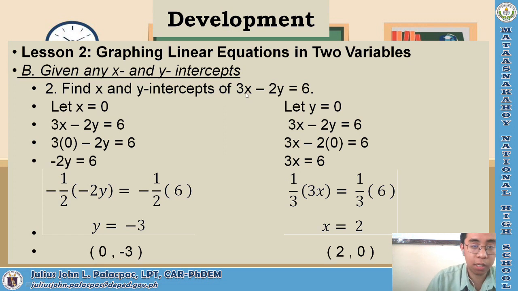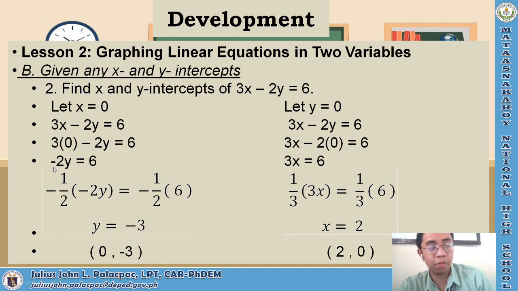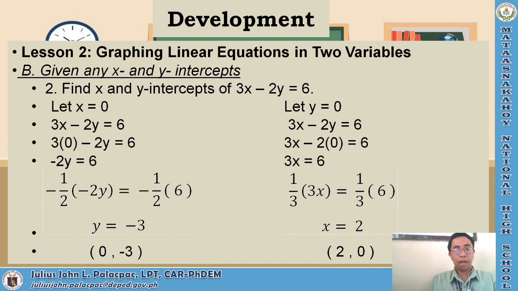Find x and y intercepts of 3x minus 2y is equal to 6. First, let x be equal to 0. 3 times 0 will be 0, minus 2y is equal to 6. So we have negative 2y is equal to 6. To eliminate negative 2, we will multiply both sides by negative 1/2. If we are multiplying two negative numbers, we will eliminate the negative sign.